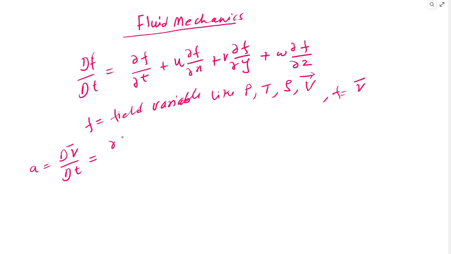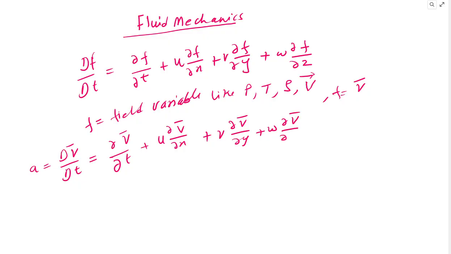So here we will put the value of V in place of f: partial derivative of V with respect to t, plus u times the partial derivative of V with respect to x, v times the partial derivative of V with respect to y, and w times the partial derivative of V with respect to z.